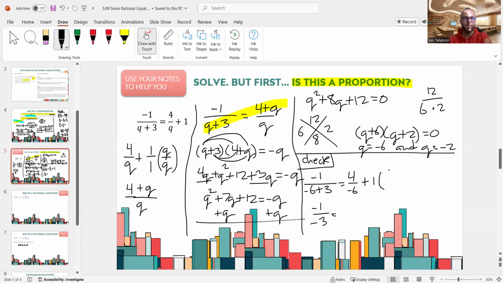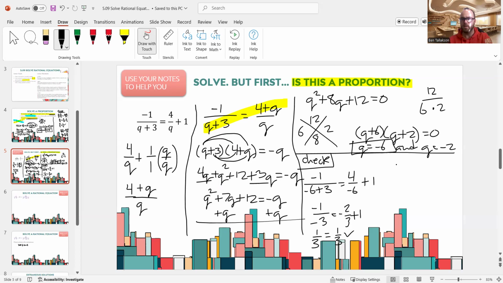Well, I could actually simplify that first. So let's do -2/3 plus 1. Obviously, these aren't going to equal each other, right? This is going to give us a positive 1/3, and this is going to give us a, was that plus 1? Yeah, oh, actually, that does work out. So we do have one true solution, -6.